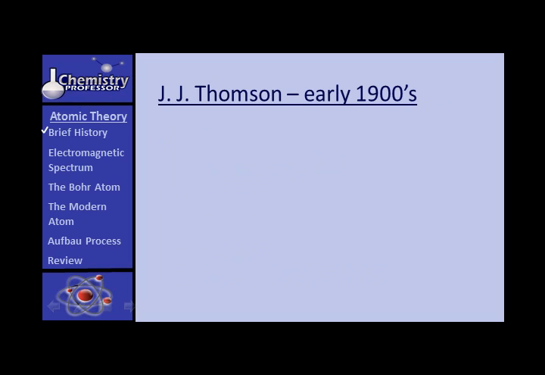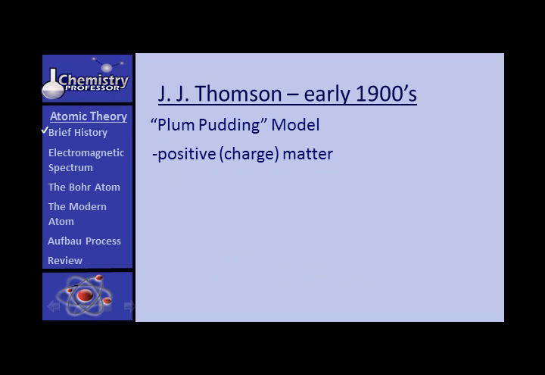Let's start with J.J. Thomson and his work in the early 1900s. He gave us what we call the plum pudding model, because he envisioned the atom as a sphere of positive matter in which thousands of electrons circulated in rings. That was his initial thinking.